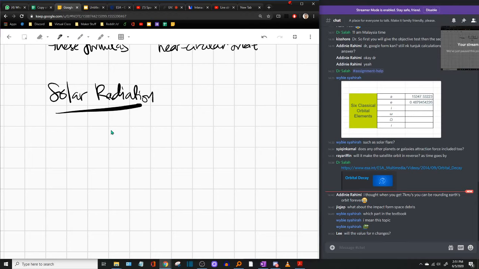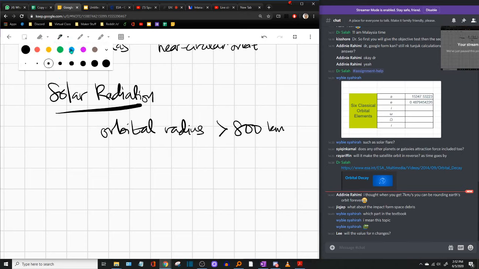Usually solar radiation will act when your orbital radius is more than 800 kilometers. If it's less than 800 kilometers, then solar radiation is way too small, so it's negligible. But after 800 kilometers, you can estimate what value it is.